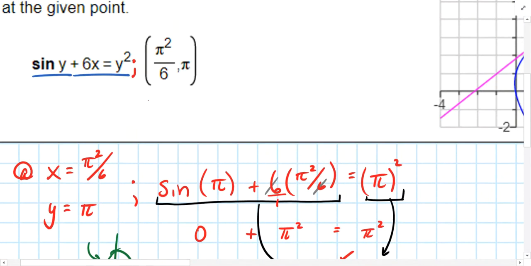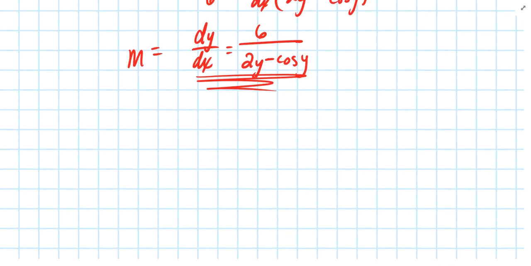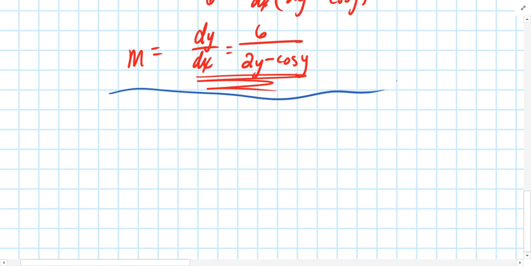So just to double check here, the y value of this point is just pi. So I'll switch to a different color to emphasize that we're completing a different component of this problem: we're going to evaluate dy/dx at a y value of pi.